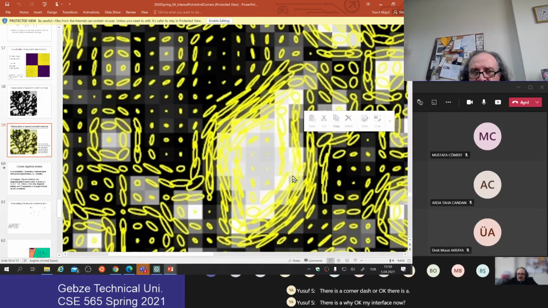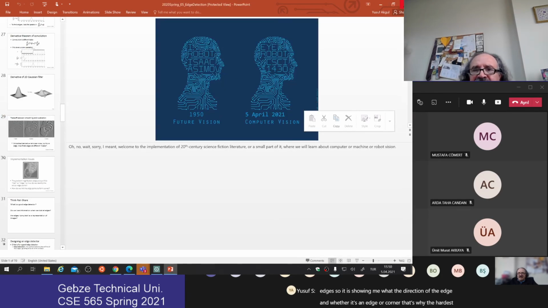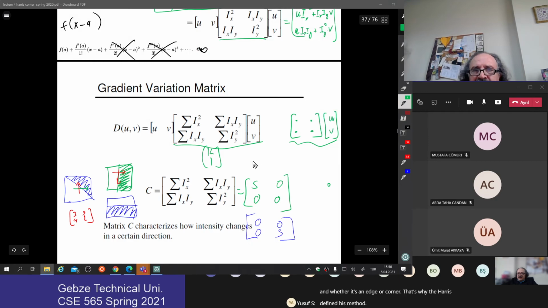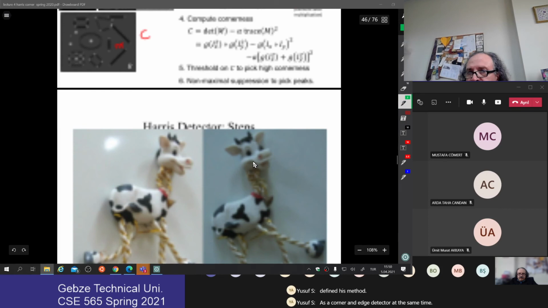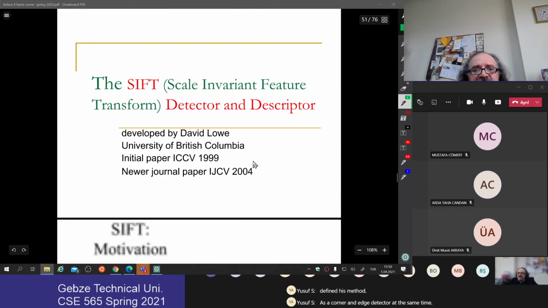There is a corner here, but these are all edges. So it is showing me both the direction of the edge and whether it's an edge or corner. That's why Harris defined his method as a corner and edge detector at the same time. Okay, any question about the Harris corner detector?